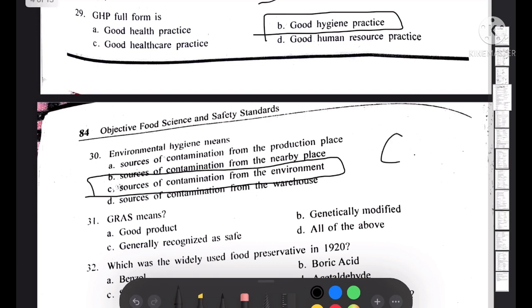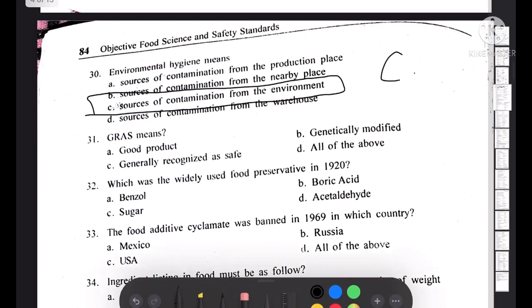Next, GRAS means good product, genetically modified, generally recognized as safe, or all of the above. It is the full form of GRAS, and GRAS is an acronym for the phrase generally recognized as safe.